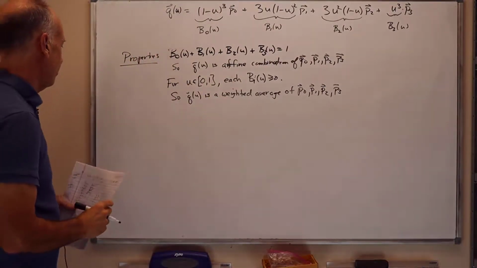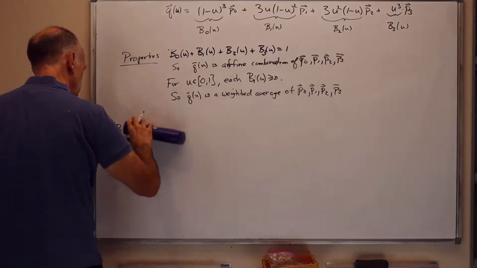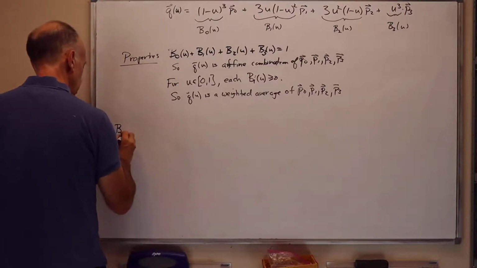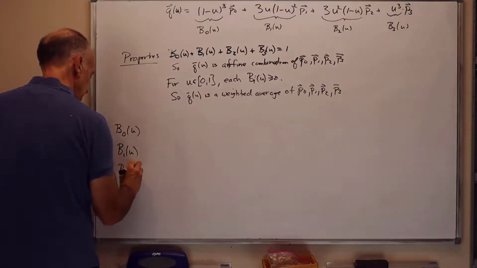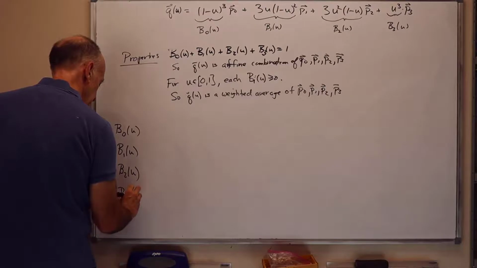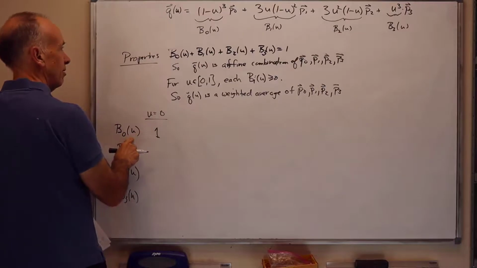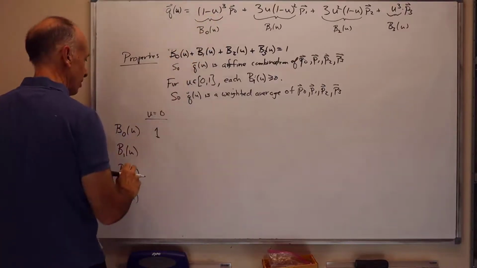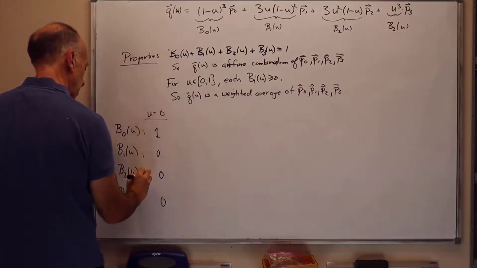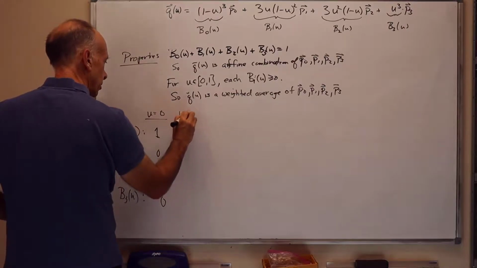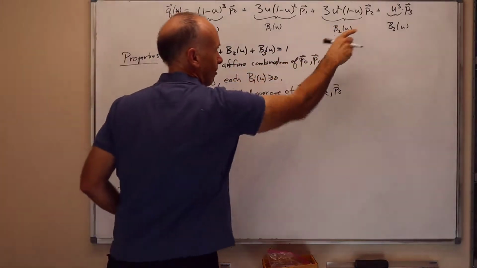We can also make a little table of values here. So here's B0 of u, B1 of u, B2 of u, B3 of u, and at u equals 0, B0 of 0 is 1, because 1 cubed is 1. The other ones are all 0. And at u equals 1, B3 of 1 is 1, because 1 cubed is 1.